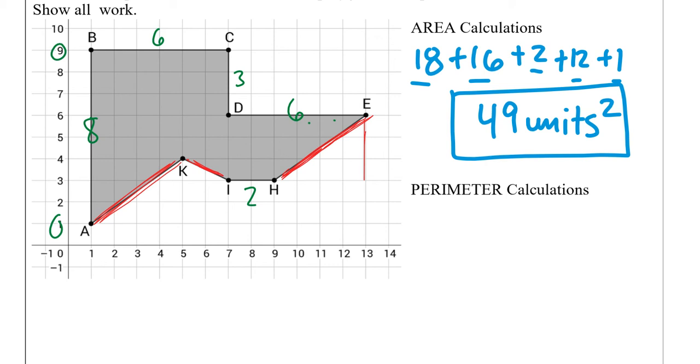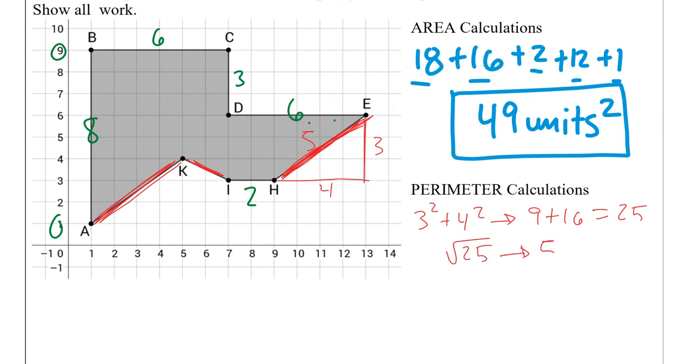This is 3, this is 4, so this is a Pythagorean triple, a 3, 4, 5. 3 squared plus 4 squared is 9 plus 16, which is 25. So the length of this segment is the square root of 25, which is 5.